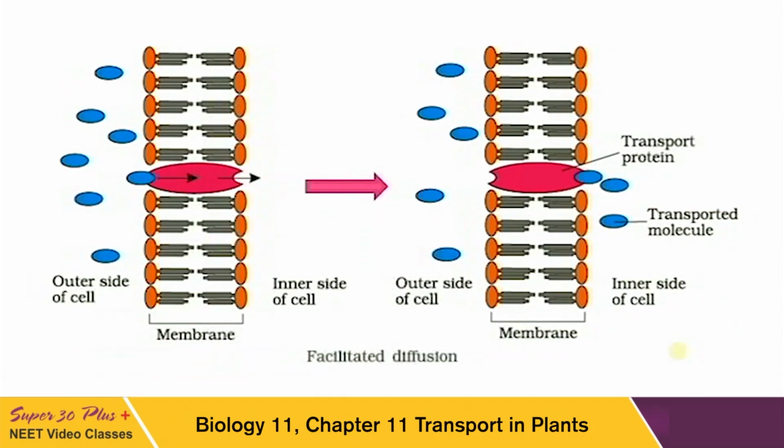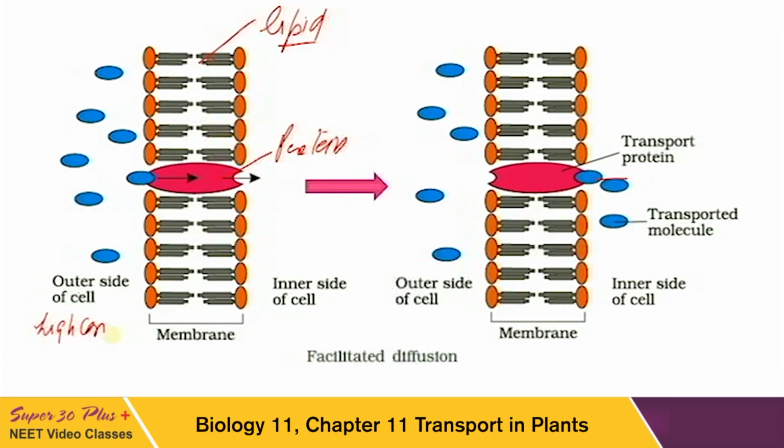Now see the diagram here. This is the plasma membrane. These are the lipid molecules, and this is the concentration. This is the outer side of the cell. Here the concentration of the substance is high. This substance will be received at this end by these protein molecules, which will rotate and leave the particle on the other side.